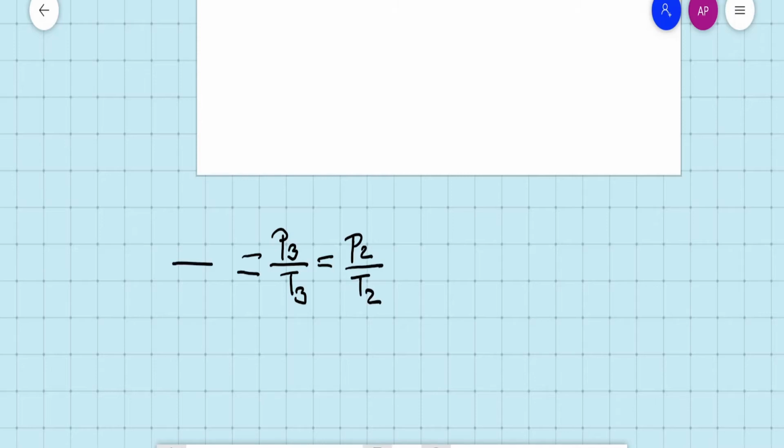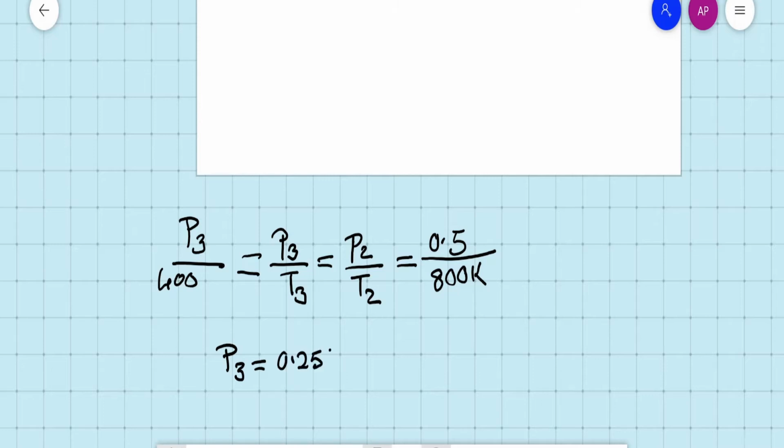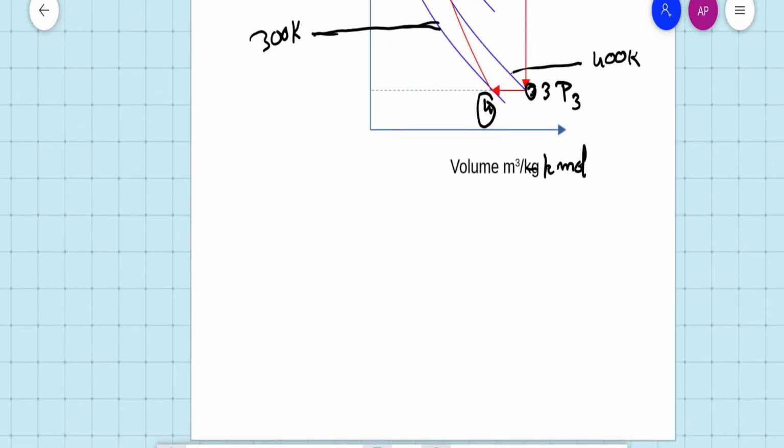Now P3 is unknown, T3 is 400 Kelvin, and P2 is 0.5 megapascals, and T2 is 800 Kelvin. Therefore, we get P3 as 0.25 megapascals. So we should make a note of it. This is 0.25 megapascals.